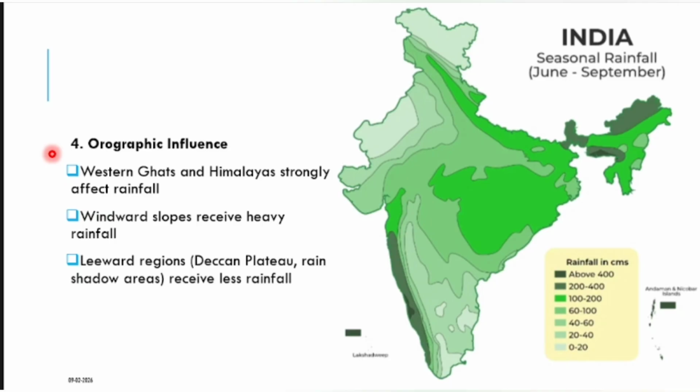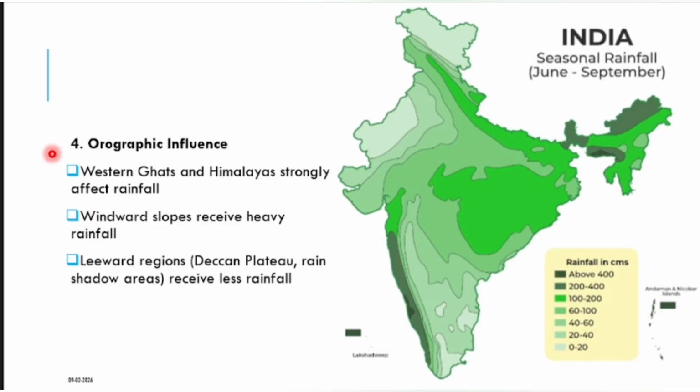Orography is the height. How does the height influence? Western Ghats and Himalaya strongly influence rainfall. Sir, why is there a high amount of rainfall in this place? Because you have a hill, isn't it? You have a hill here. All the rainfall will fall before the hill, not after the hill. Here. Next thing, do you have a hill here?